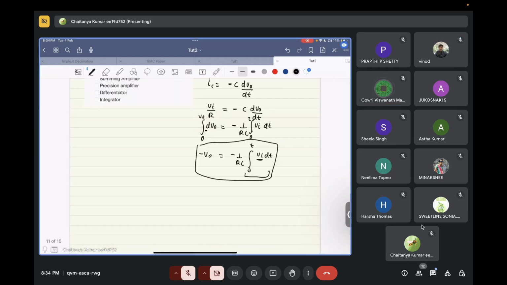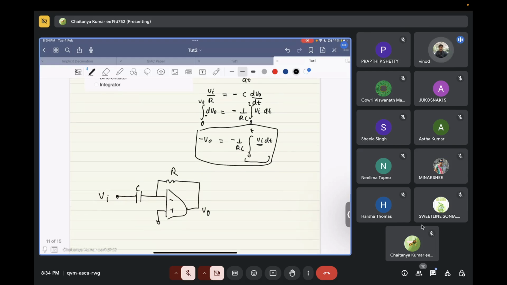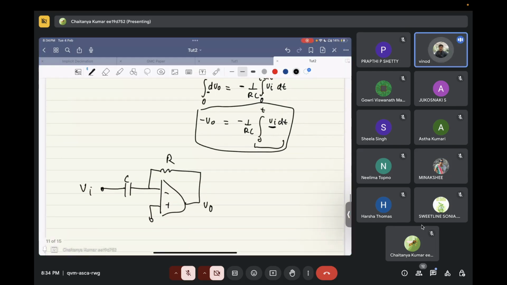So the same thing you can do with the differentiator as well. Can you guys help me do it with the differentiator? This is a differentiator, right? This is the output voltage. V naught is equal to RC into dVi divided by dt, it comes. Yeah, correct.